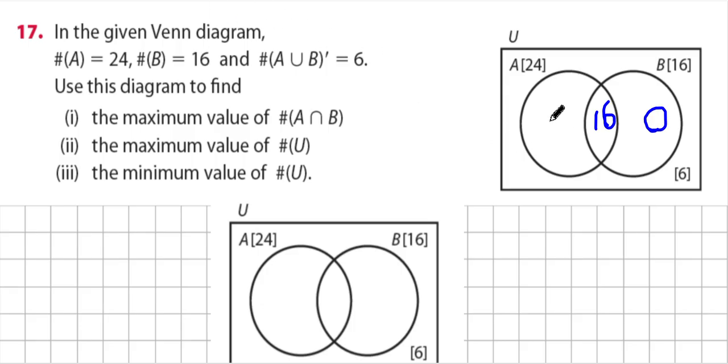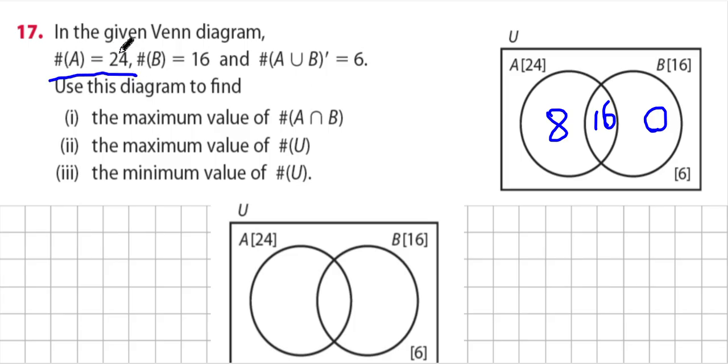Now, is this allowed? Let's find out. So, does it give us anything else? A union B complement is 6. Oh, sorry. This is actually okay because it fulfills the criteria. Is there 24 in A?